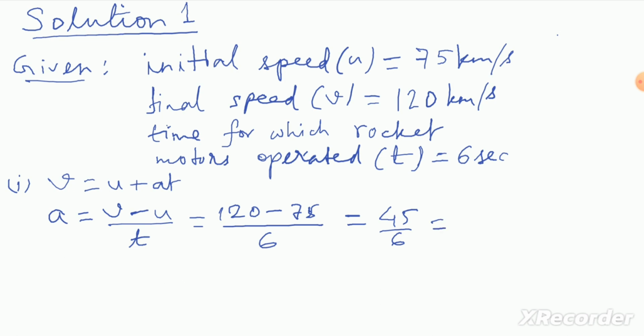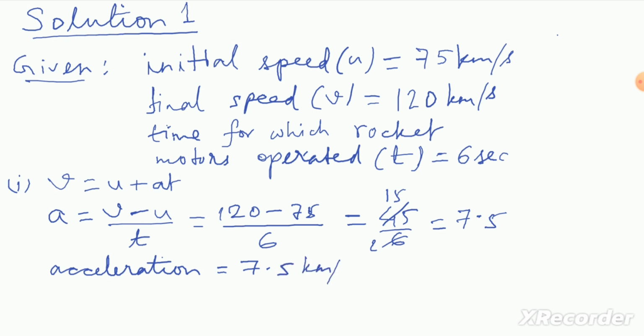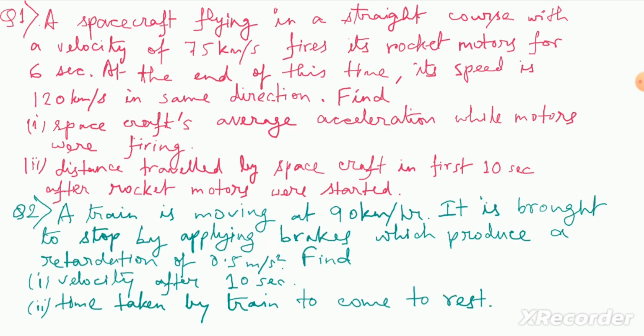Considering this as a fraction, it gives 7.5. So the acceleration, or average acceleration rather, is 7.5 kilometer per second square. Okay, fine.